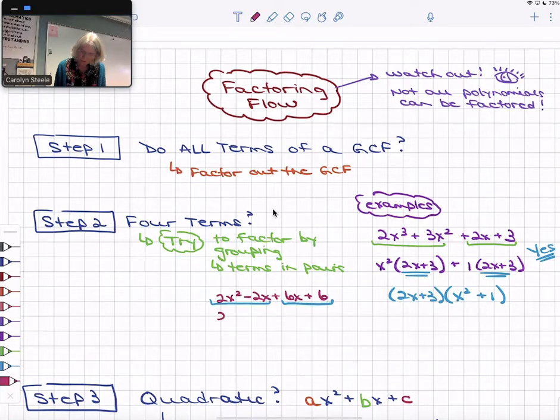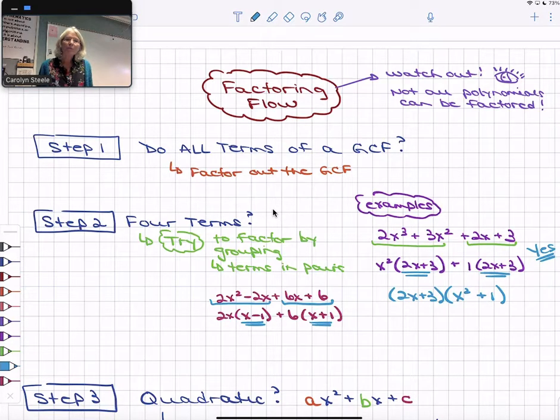Let's factor that out, and I'm left with x minus 1. Then for my next one, my GCF is 6, which leaves me with x plus 1. When we do this, we notice that the binomial is not the same. So those 2 terms do not have a GCF, and I can't factor this by grouping. So this was a no example.